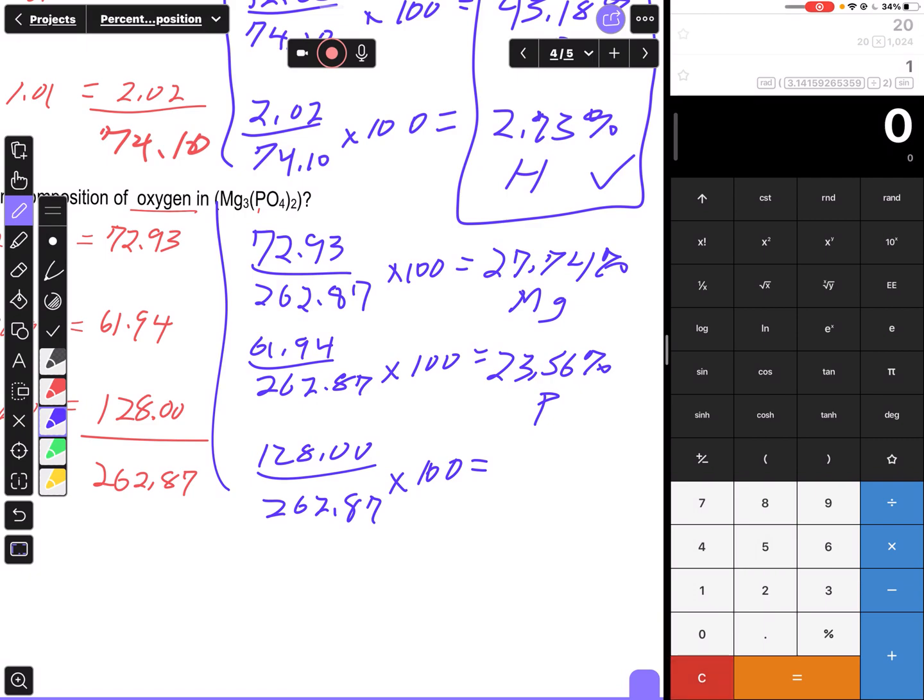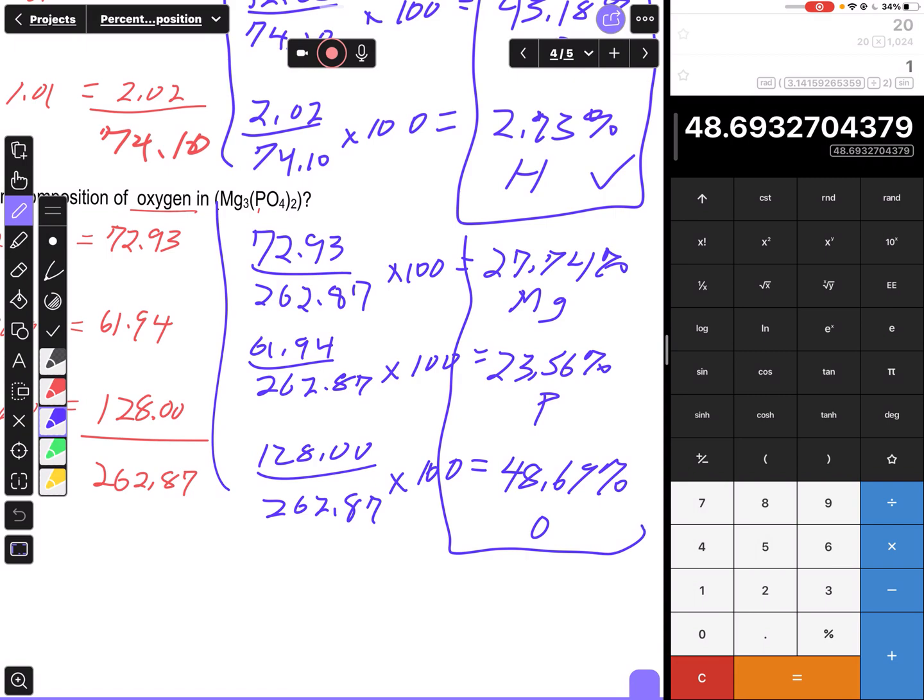And then last one, do it for oxygen. That would be 128 divided by 262.87 equals that times 100. That equals 48.693, which would round to two decimal places, 48.69%, and that's going to be percent oxygen.